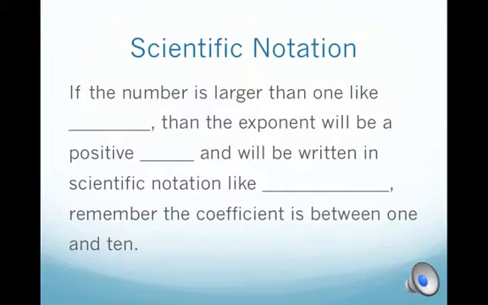So in the first blank, you're going to put a number in decimal notation that is larger than 1. In the second blank, you're going to tell me how many places you move the decimal, so what your new exponent will be when you rewrite it in scientific notation. And in the third blank, you're going to write what the new form is in scientific notation.